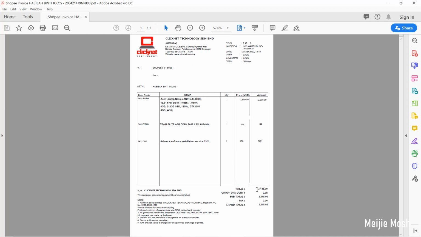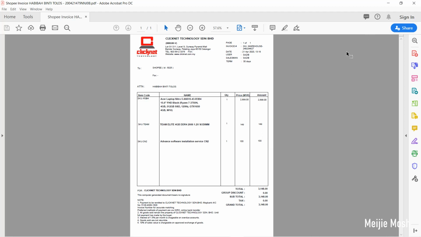Actually it is 3,000, because 148 is for extra RAM and installing the software, so it's only 2,900 for the computer.